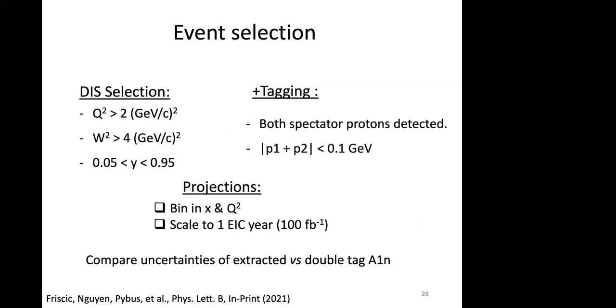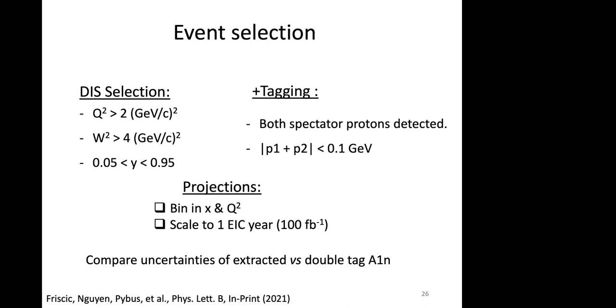In order to demonstrate the advantage of the double spectator tagging measurement, we do a parallel analysis. What I mean is that we select two separate event samples. For the first sample, we select the DIS events from electron on helium-3 without any requirement on spectator information, using very standard DIS cuts: Q squared bigger than 2, W squared bigger than 4, and y between 0.05 and 0.95.